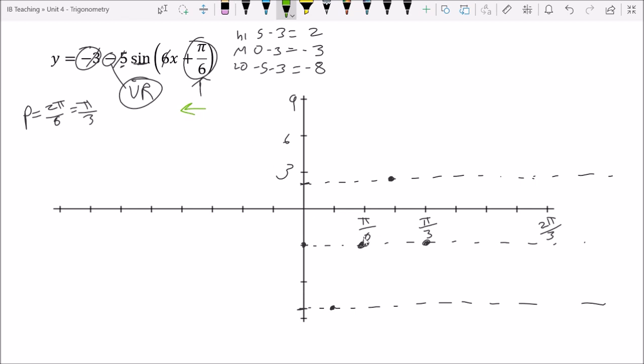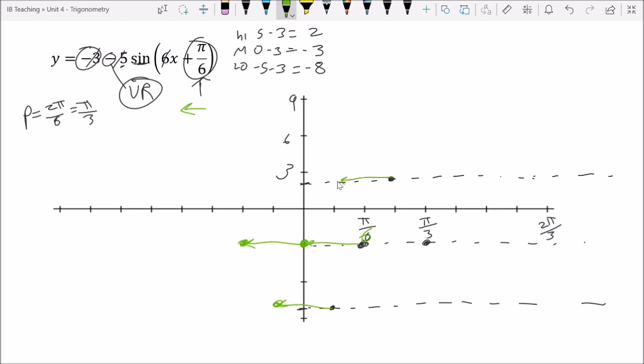That's pretty easy because I labeled my axis well and I showed that that's a 6. That tells me that 2 notches is pi over 6. So each dot needs to slide 2 to the left. And when I say 2, I don't mean 2 units, I mean 2 of these notches. So here's a new point. And here's a new point, and this one's going to slide 2 to the left, and there's a new point.